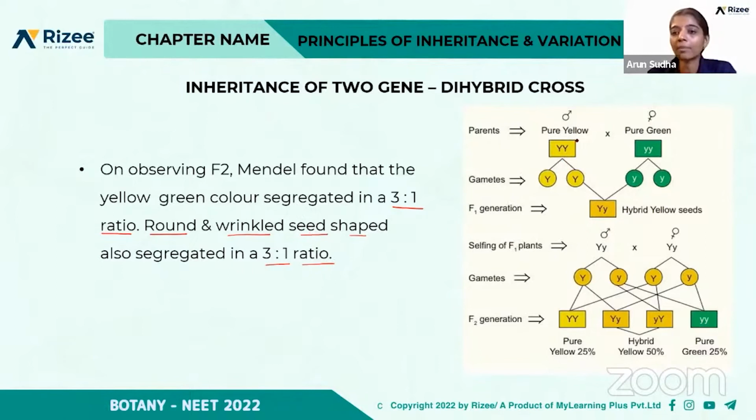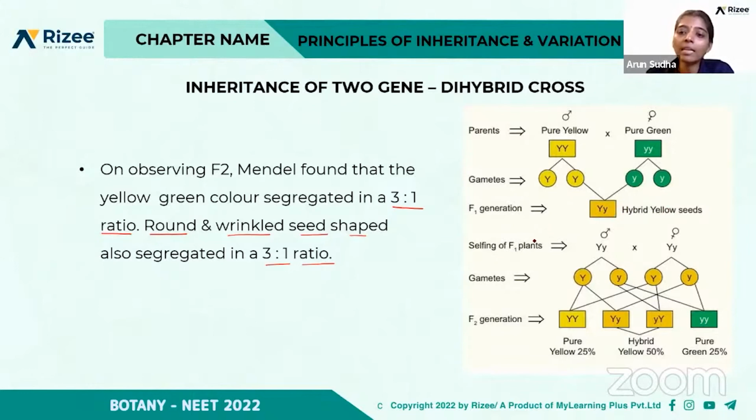So this shows the example of a monohybrid cross between a pure yellow seed and a pure green seed. Here green is recessive and yellow is a dominant character. So the possible gametes are capital Y and small y. In the F1 generation, when these two gametes fuse together, they form a hybrid, which is a heterozygous yellow, right?